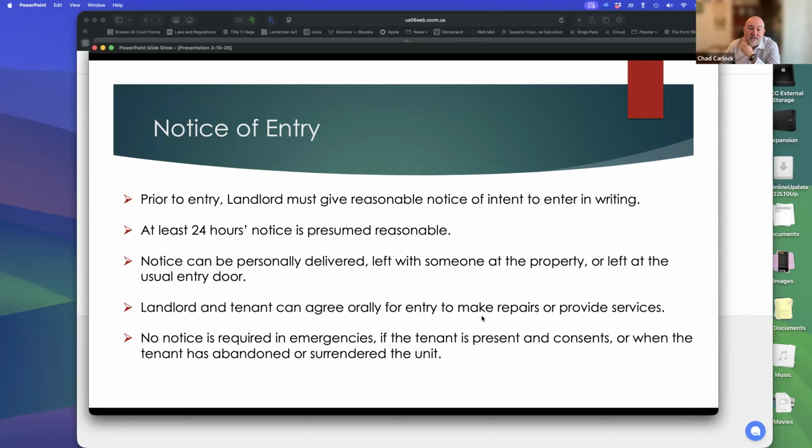The landlord and tenant can agree orally for entry to make repairs or provide services. So a sort of exception to the notice of entry requirement is if you show up, still best to give notice, but if you show up and the tenant is there and they give consent, then you can enter.